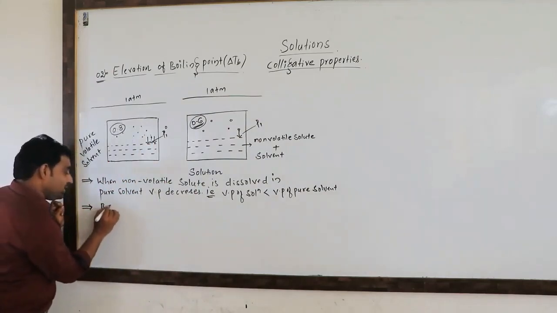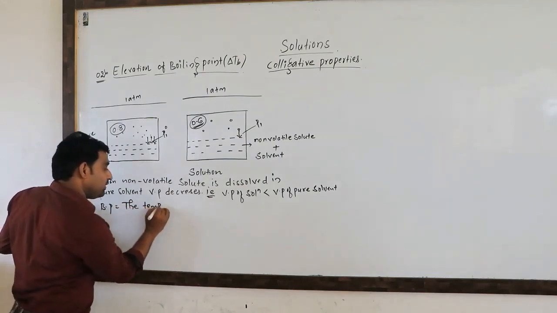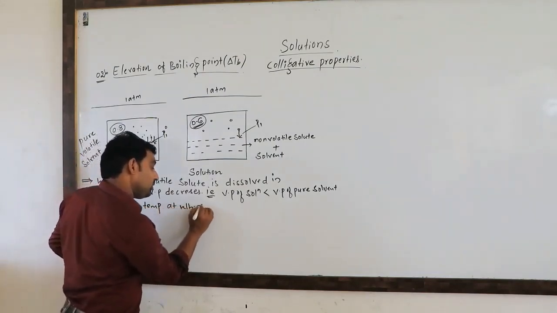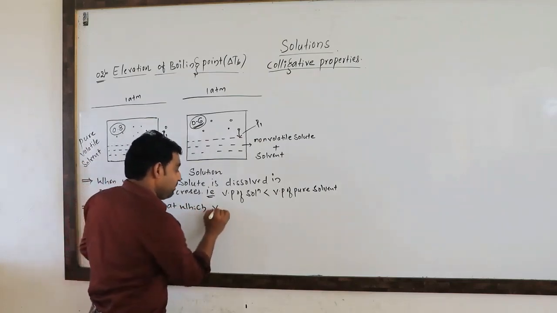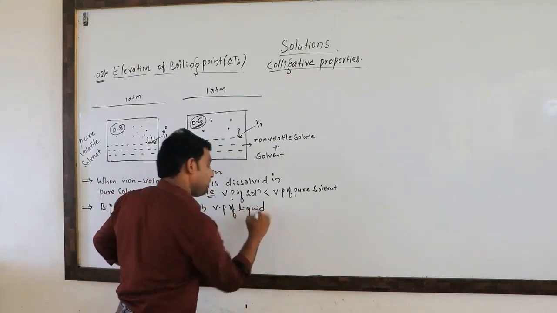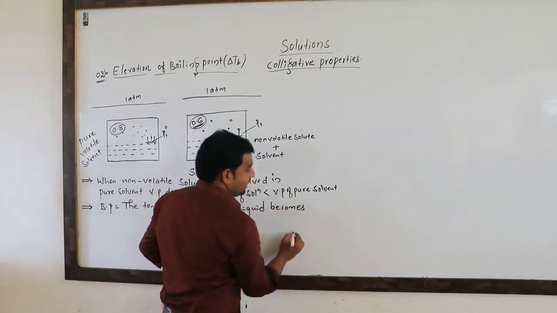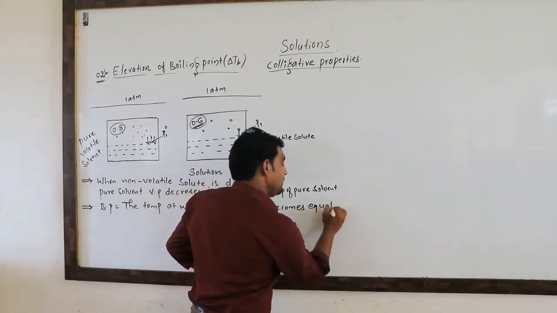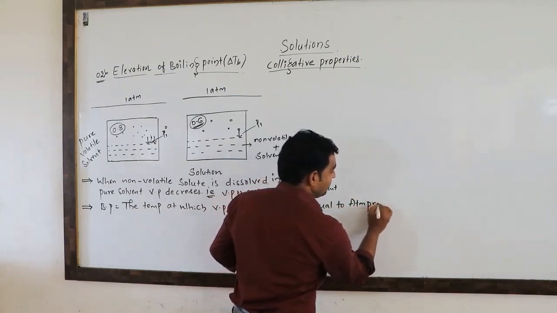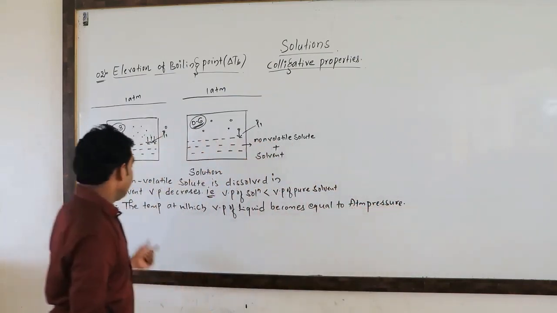The temperature at which the vapor pressure of a liquid becomes equal to atmospheric pressure. That temperature is known as the boiling point.